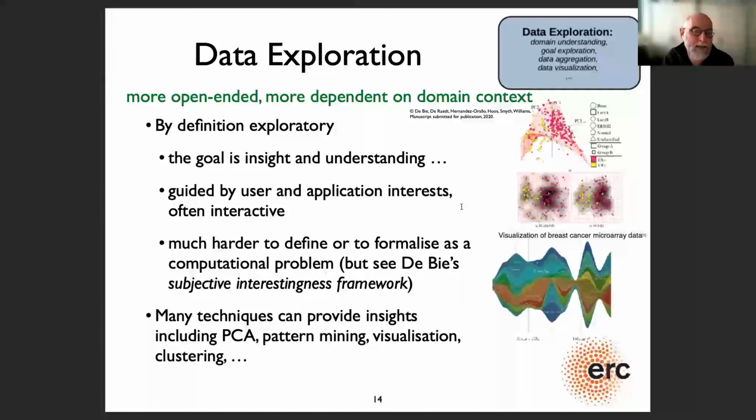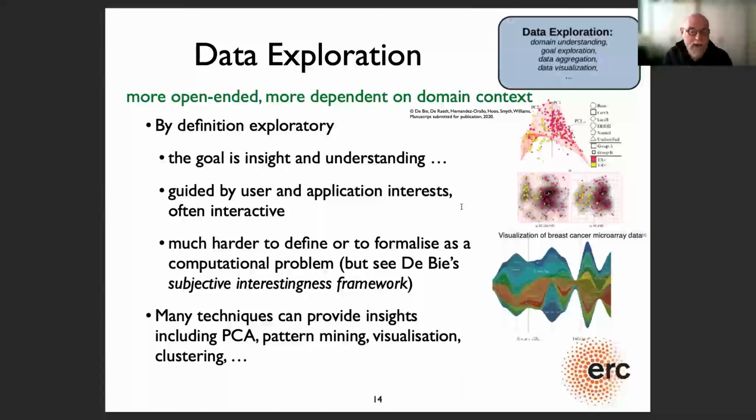The most open-ended quadrant is about data exploration, and there are numerous techniques that allow you to get insight into the data. Things like visualization are being used, PCA, clustering, pattern mining.